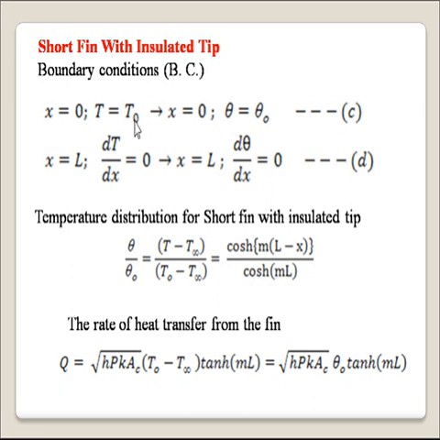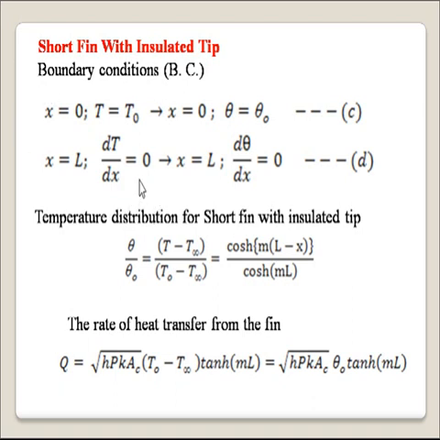The first boundary condition for the short fin with insulated tip is the same as that of the infinitely long fin. Only in the second boundary condition, at x equal to L, there is no heat transfer. So dT by dx equal to 0, which is the adiabatic boundary condition.